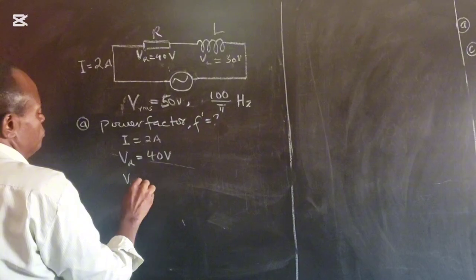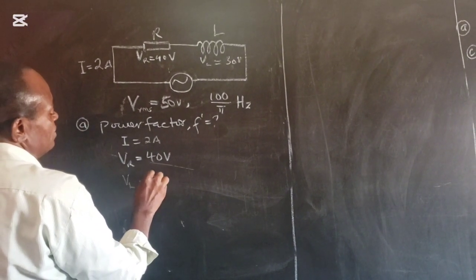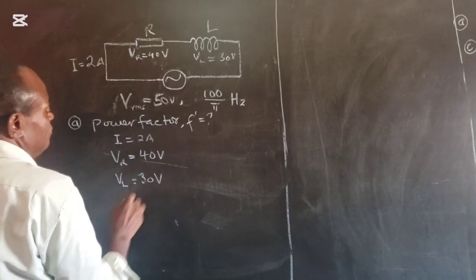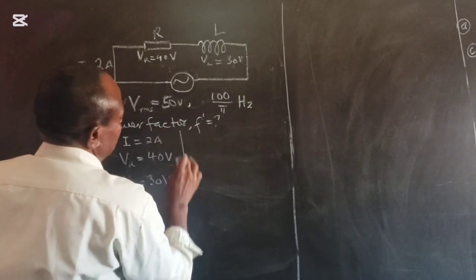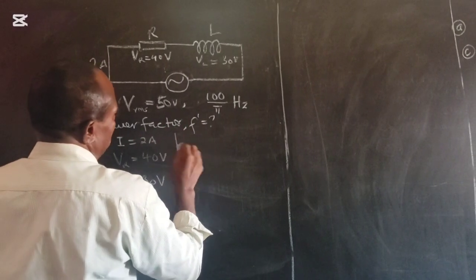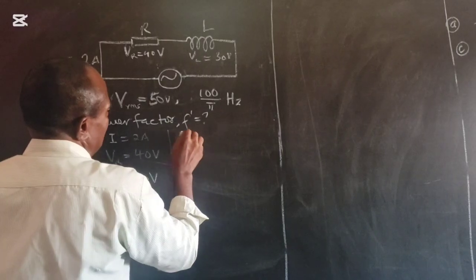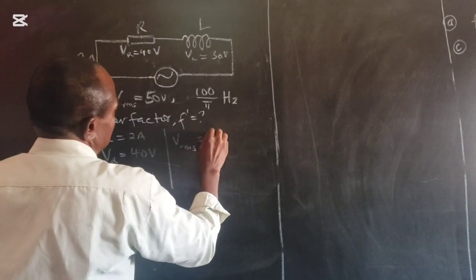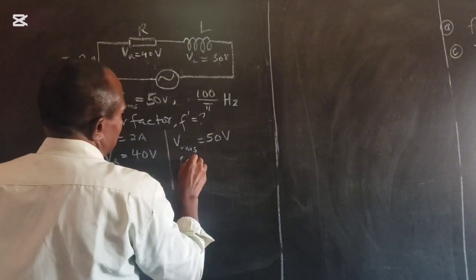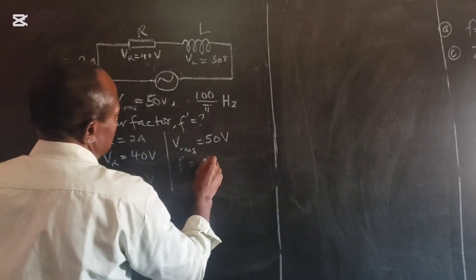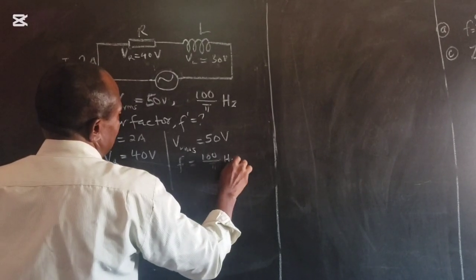The voltage due to inductor was given as 30 volts. The effective voltage from the source, that is Vrms, was given to us as 50 volts, and then the frequency of the alternating current was given as 100 over pi hertz.